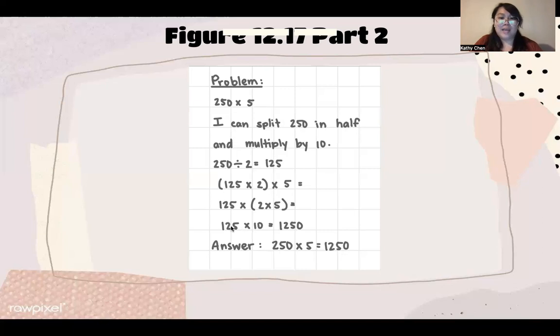We know this works because we didn't change anything with the problem. We just broke it apart. We never changed the values. We just took apart 250 and we split it in half. So that gave us 125 times 2. And the student decided to do that because it was much easier to multiply 125 by 10 rather than 250 times 5.